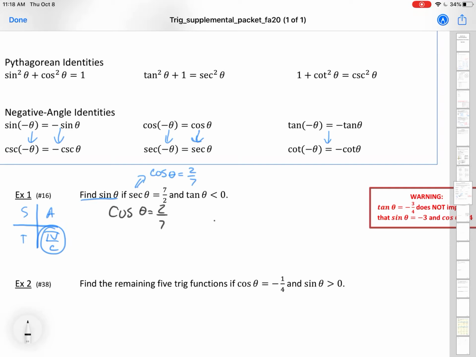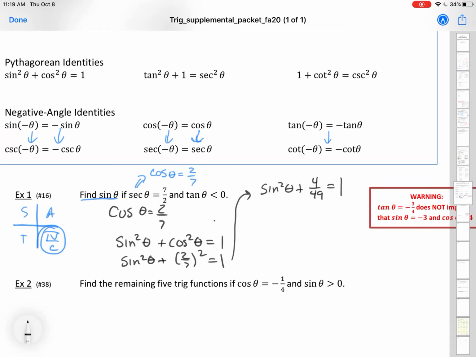We want sine theta, no problem. We know that sine squared theta plus cosine squared theta is equal to 1. So that means sine squared theta plus 2/7 squared is equal to 1. That means sine squared theta plus 4/49 is equal to 1.